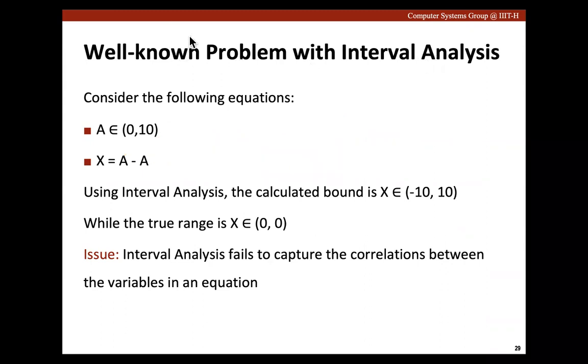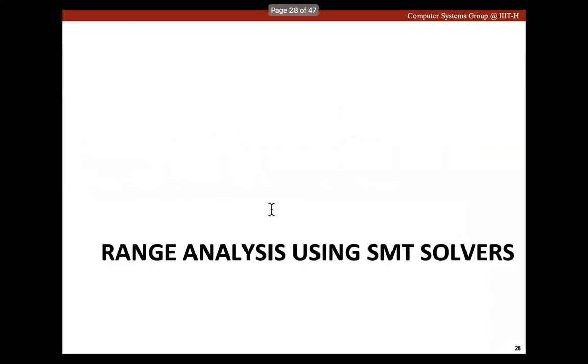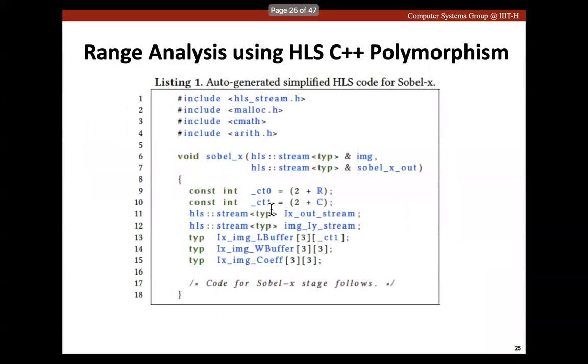When I looked at it for the first time, along with my student, we found one interesting idea super exciting. Let's say this is the code associated with the Sobel filter, which is one image processing filter.